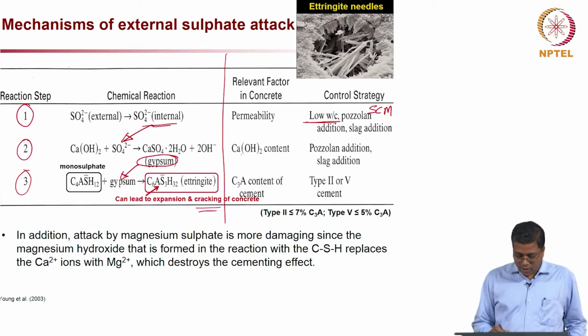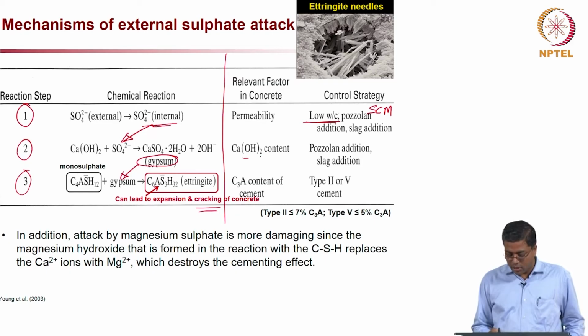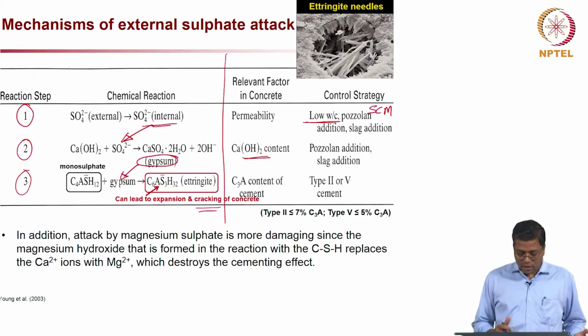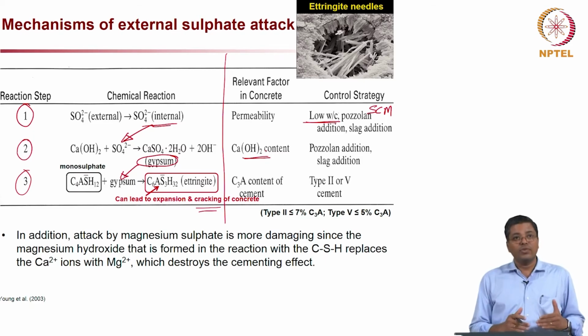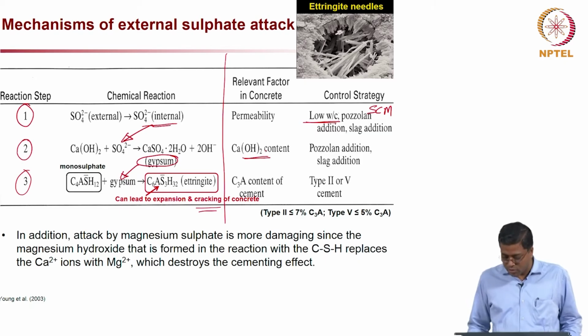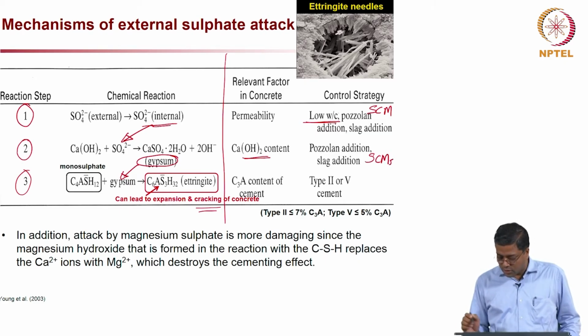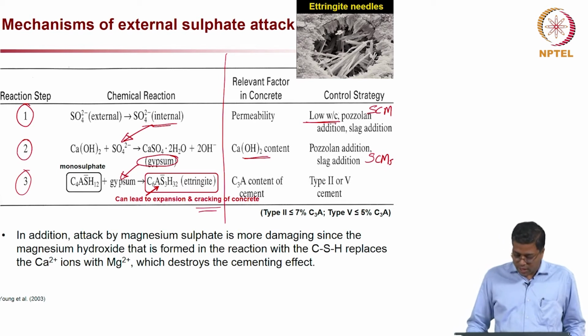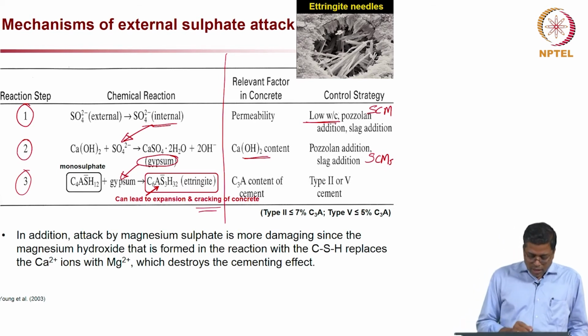The second step can be controlled by controlling the amount of calcium hydroxide. If you have lower calcium hydroxide content, then definitely the amount of reactants is less, so the amount of gypsum formed is also going to be less. Again, that can be achieved by using pozzolans or SCMs.